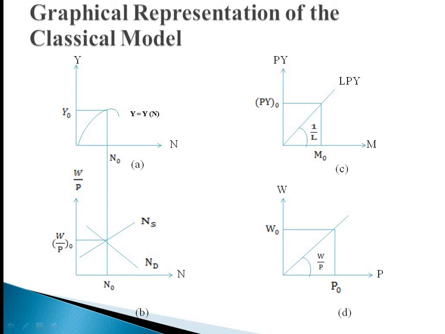So we can see from parts A and B we have determined the equilibrium value of employment N0, equilibrium real output Y0, and equilibrium real wage W by P0. And from parts C and D we have determined the equilibrium level of price, that is P0, and the equilibrium money wage W0. This is the graphical solution of the classical model.